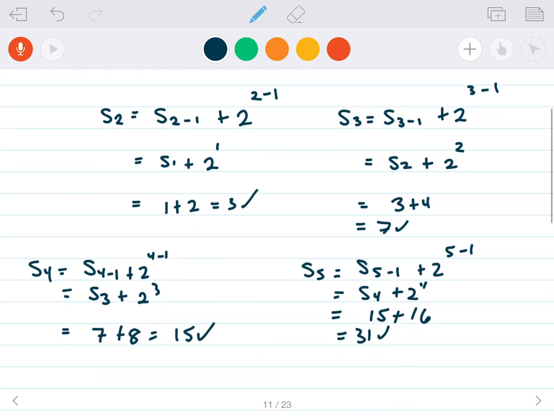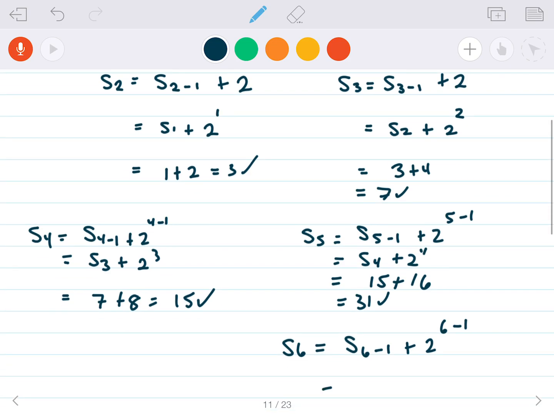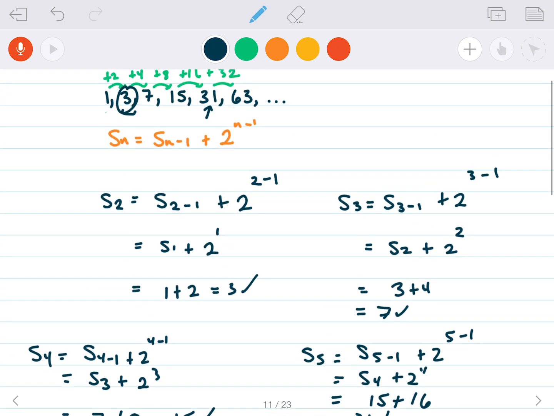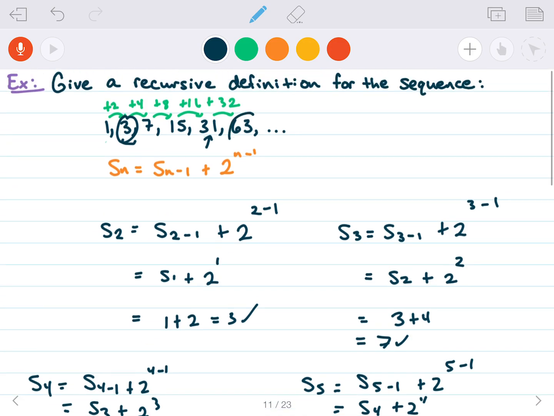And finally, S sub 6 is equal to S sub 6 minus 1 plus 2 to the 6 minus 1. So this is S sub 5 plus 32, 2 to the 5th. And S sub 5 we just found to be 31. So 31 plus 32 is going to give us 63, which is right here. Okay, so this is going to be our recursive formula.